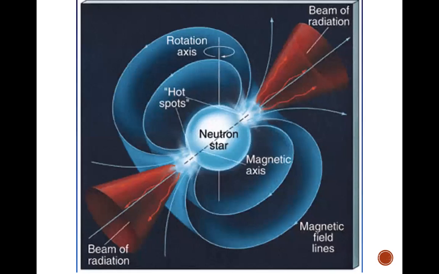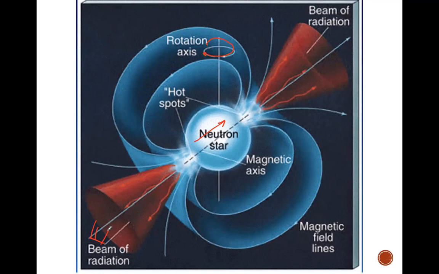Now here is a picture that shows it. You can see that in this picture, the axis of rotation of the neutron star is somewhere here, right? This is the axis of rotation, but the magnetic field is in this direction. If our Earth is, let's say, somewhere here, and we are in this path, then you will detect these pulsars, right?